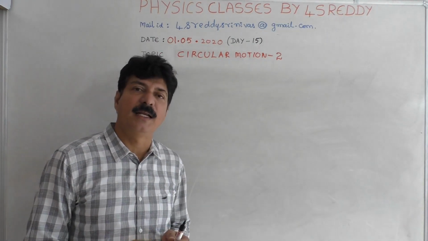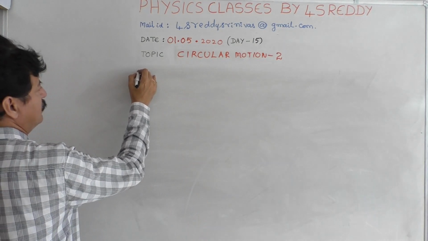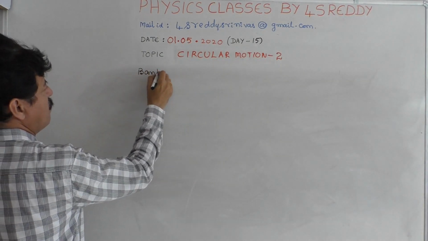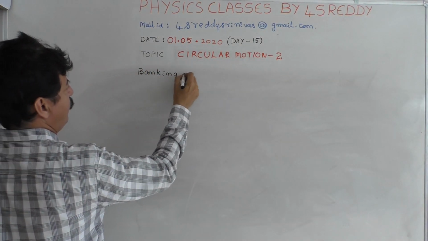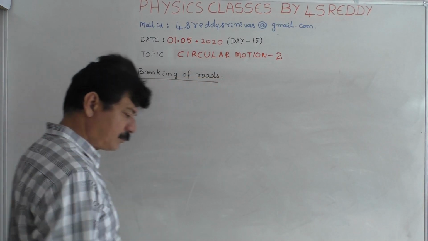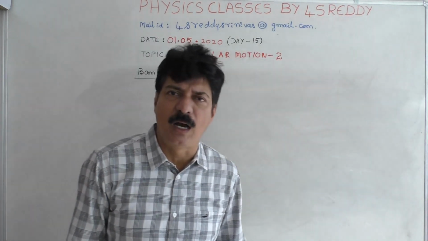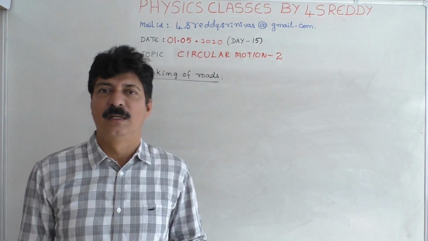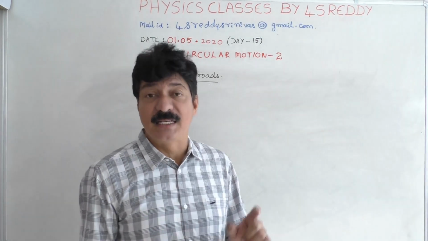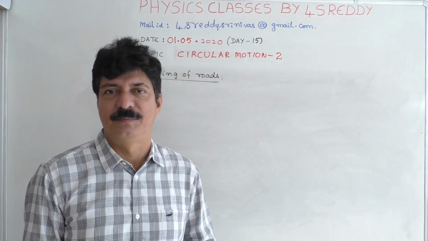The other topic in this is banking of roads. Generally, whenever a vehicle is moving on a curved path or an unbanked path, the necessary centripetal force is provided by the friction.